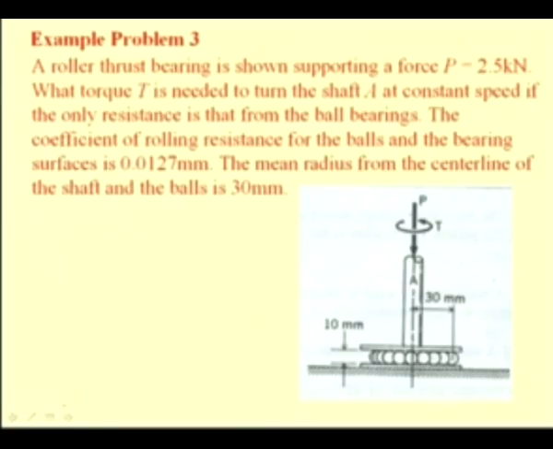So, here you see a roller thrust bearing, where between these two discs we have a series of rollers which are used to support. The rolling resistance is generally less than the bearing resistance in a thrust bearing without rollers, and so they are generally preferred.